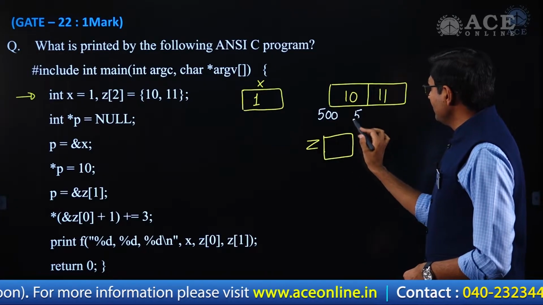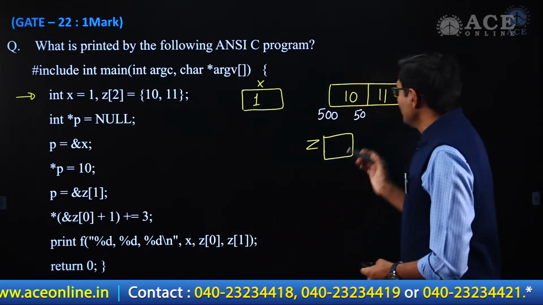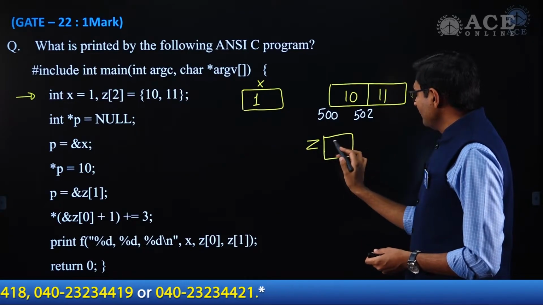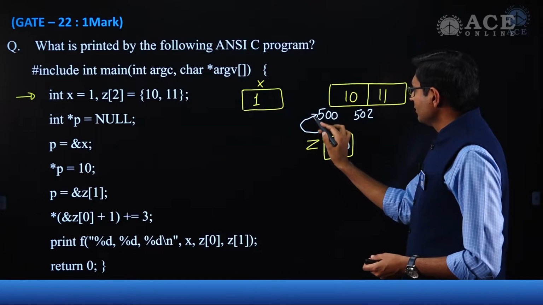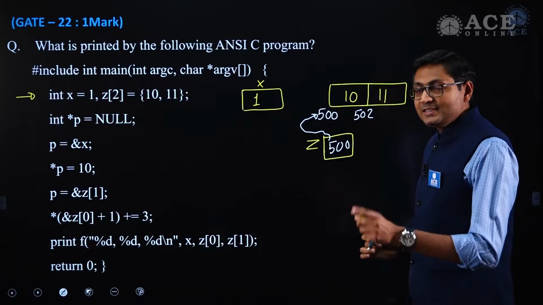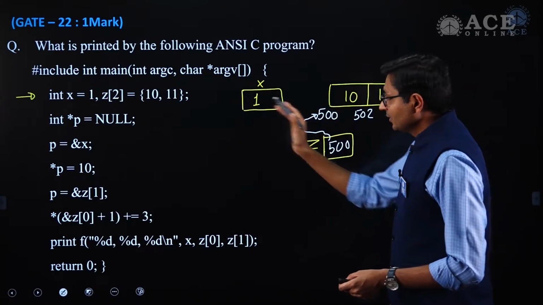Integer size is not given, not a problem. You can simply take 502, 2 bytes of integer, and 500 will be stored as the value of constant pointer z. Alright, that's our representation in memory. Let's go ahead.